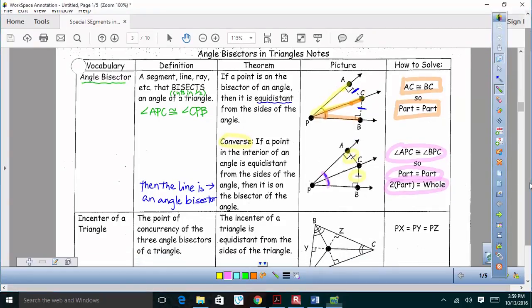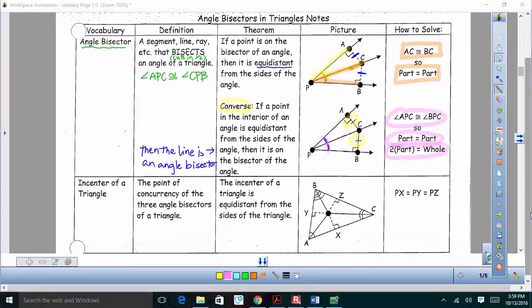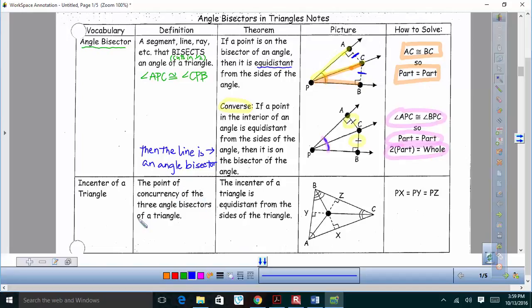Now, the second definition that I want to talk about is the incenter of a triangle. And I'm sure you've never heard of that because I hadn't either until I got to geometry. And that is just the point of concurrency of 3 angle bisectors of a triangle. Okay? So you probably don't know what the definition of concurrency means either.